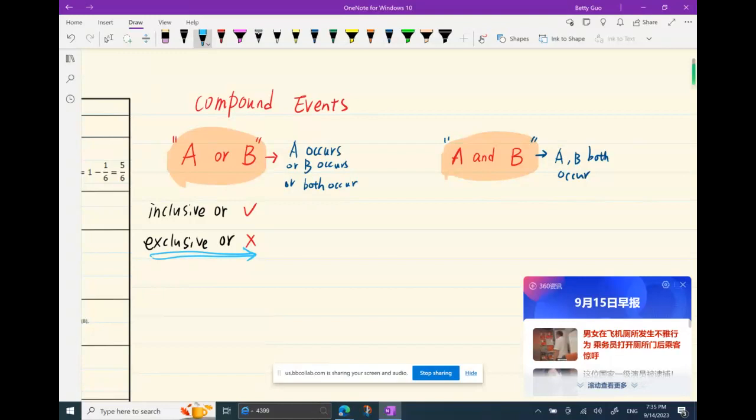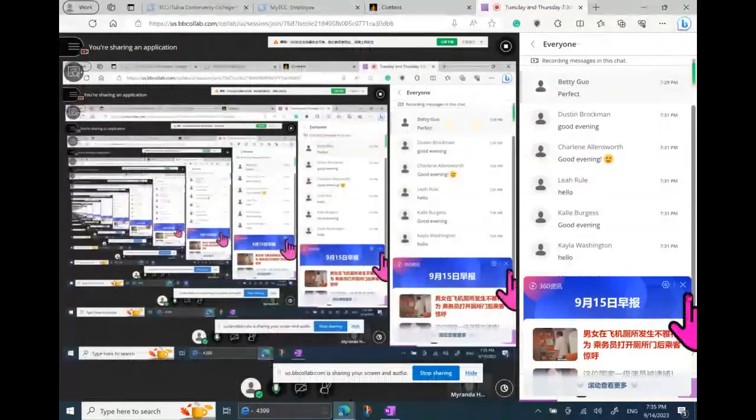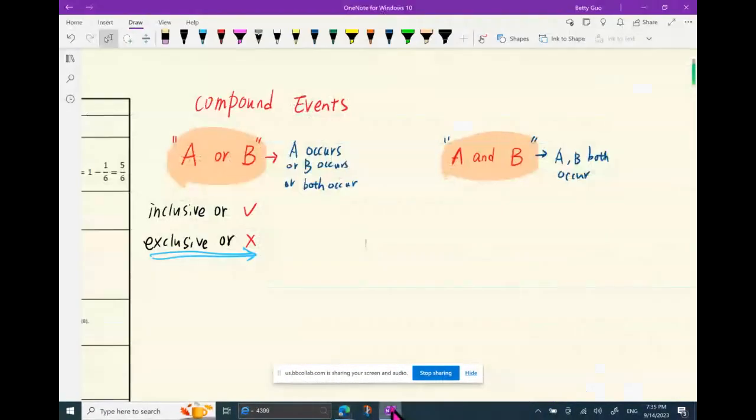Does that make sense? So or has two types. Exclusive or means only one can happen, they cannot both happen, like you get a free salad or a free soup. What he really means is one or the other, not both. That's exclusive or.